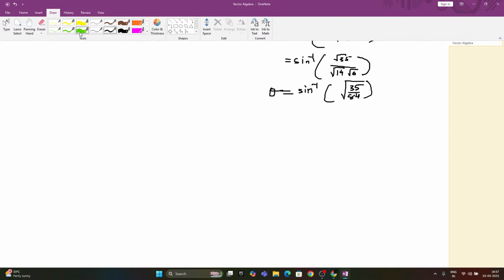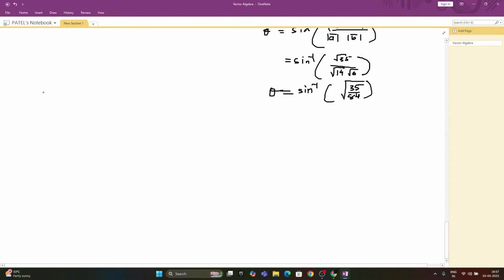If we have to go for the next form, which is called one theorem: if x bar is perpendicular to y bar, then x bar dot y bar is always 0, vice versa. Okay.